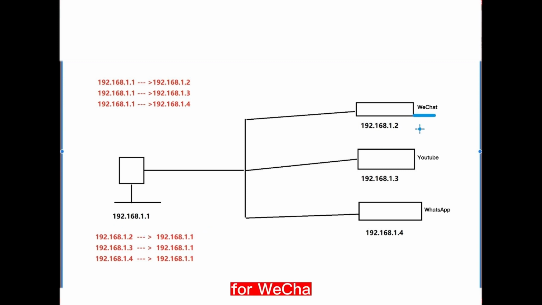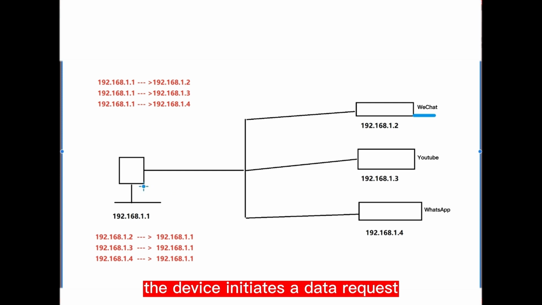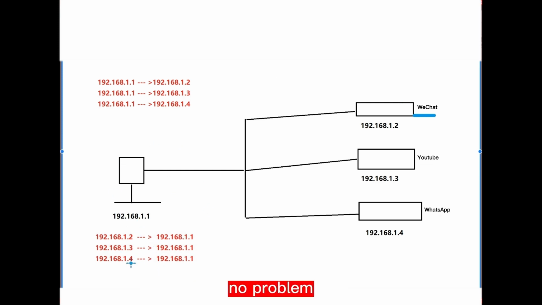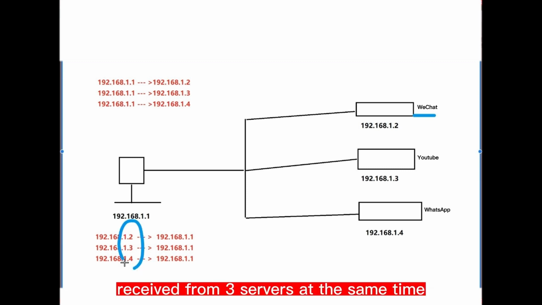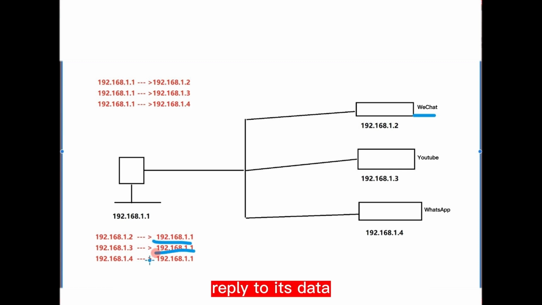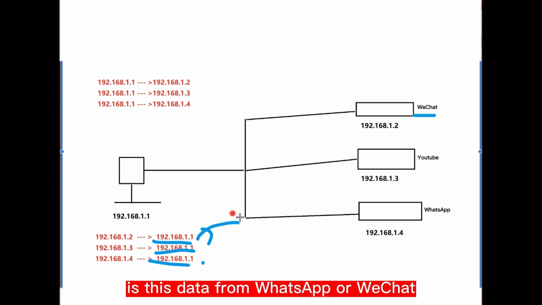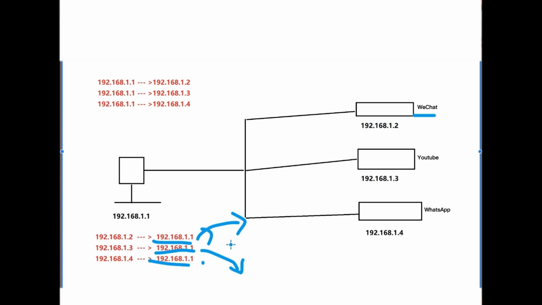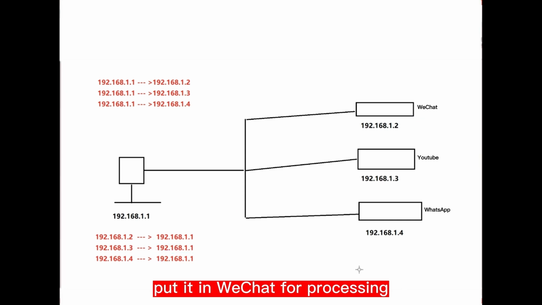For WeChat, the device initiates a data request and WeChat replies, no problem. But when the device receives replies from 3 servers at the same time, is this data from WhatsApp or WeChat? Is this data from YouTube or WhatsApp? I can't say that WhatsApp's data should be put into WeChat for processing.